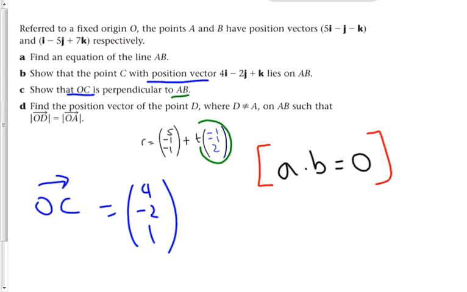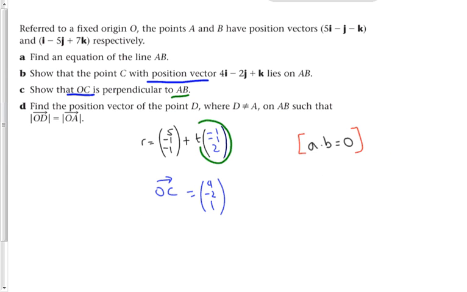So if I now compute the dot product, I'm going to do OC dot AB.